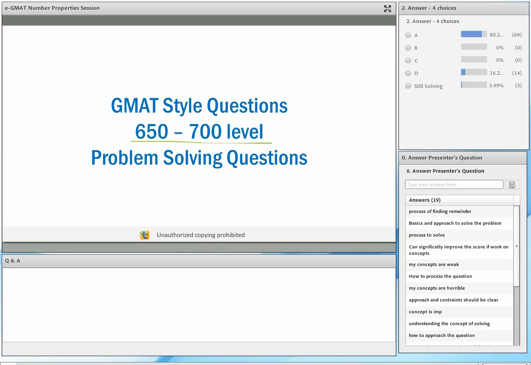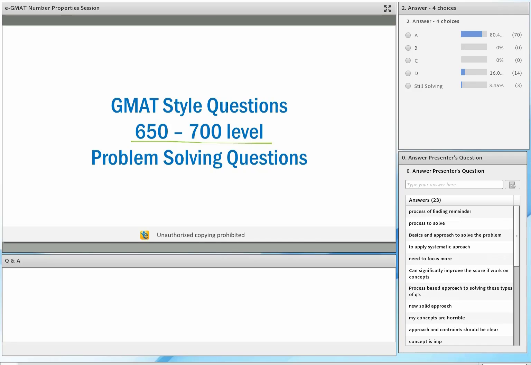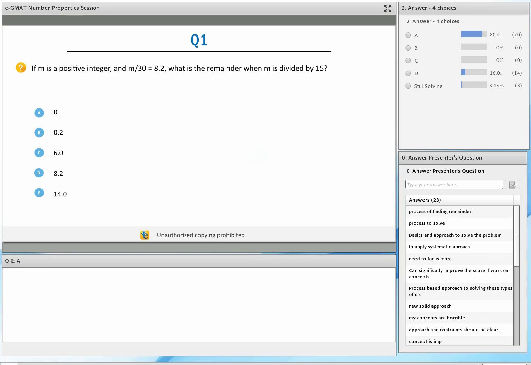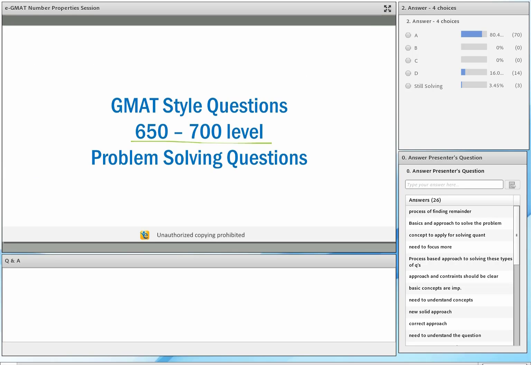Good, very nice. Basic concepts are very important. Okay, very good. All right. Need to focus more. Solid approach. My concepts are horrible. That's okay. It's absolutely fine. It's just that realization that you need to work on them, right? Now, there's one person who didn't learn anything at all, and that's okay. Maybe you need more difficult questions to learn the next steps here. All right, so let's get into these difficult questions now.